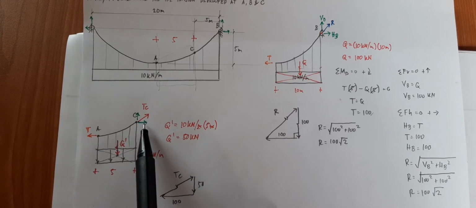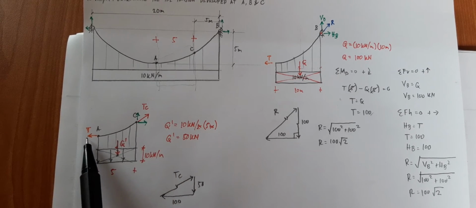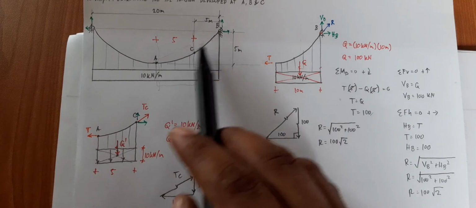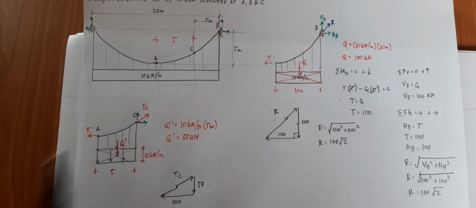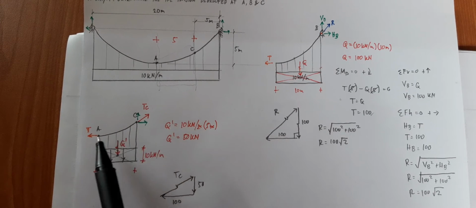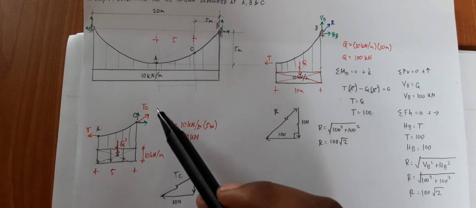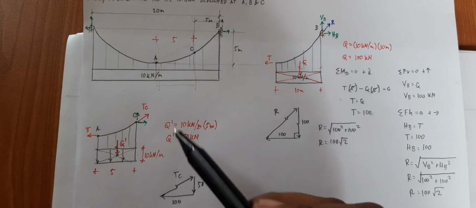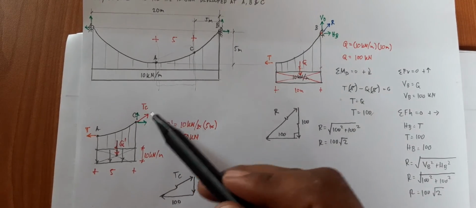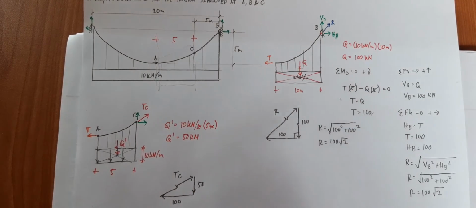So basically, the horizontal component is equal to T. That supports the argument a while back that every horizontal component is equivalent to T. So you have vertical as Q, horizontal as T, and then tension at C would be equal to the square root of, making use of the Pythagorean theorem, you can calculate for TC.